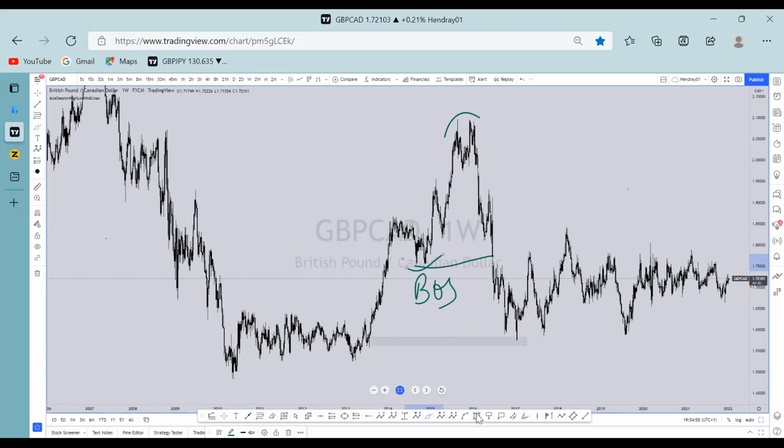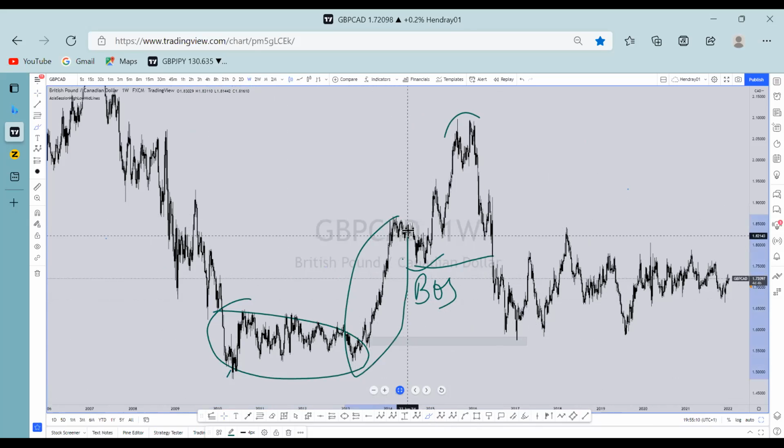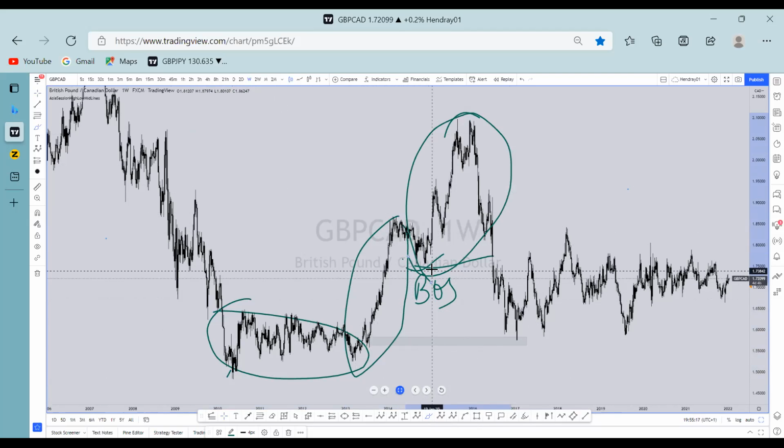The second one was this. This was the first one. This was the second one, right? And this was the third one. Is that understood? And that was the third one for the weekly structure.